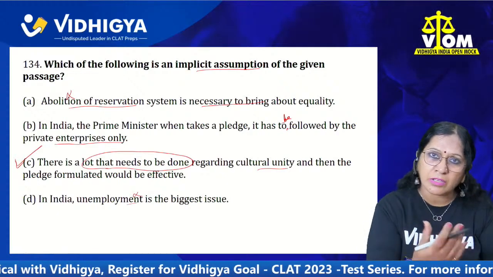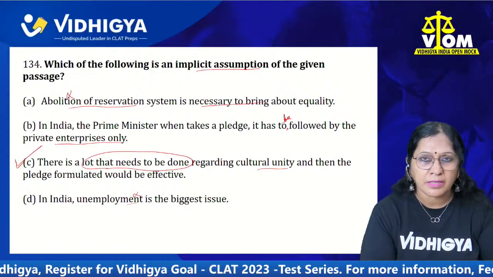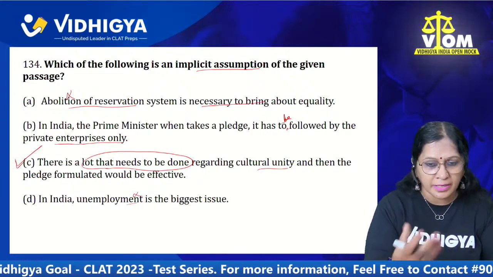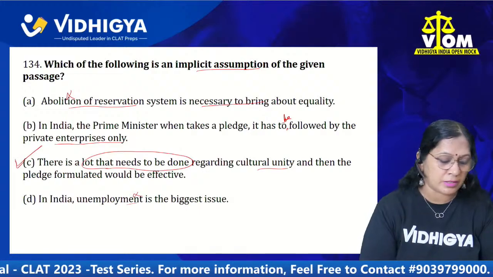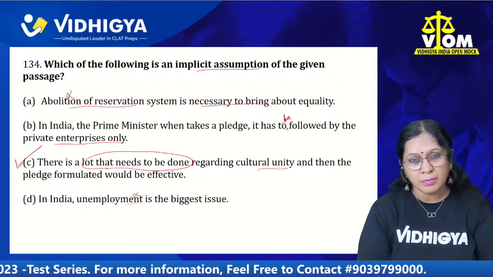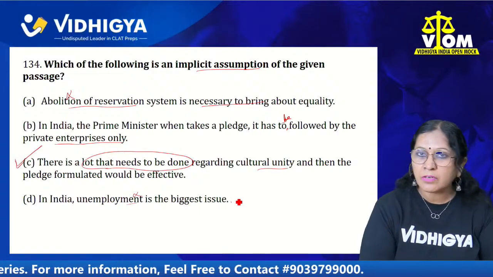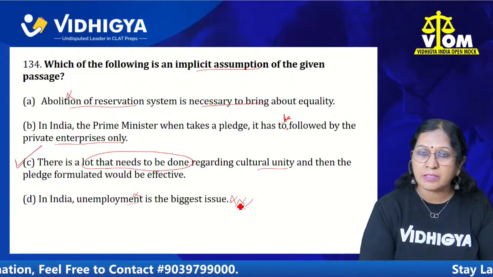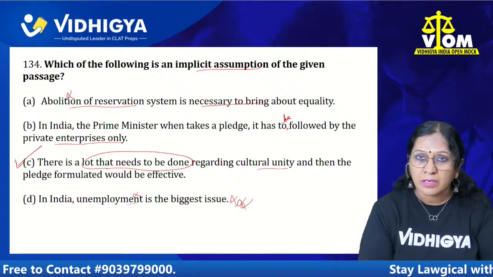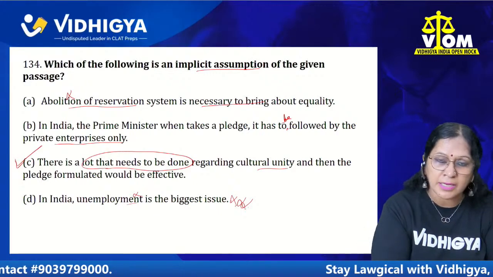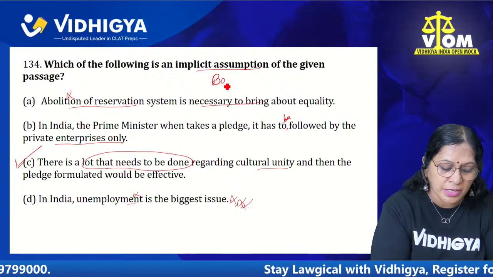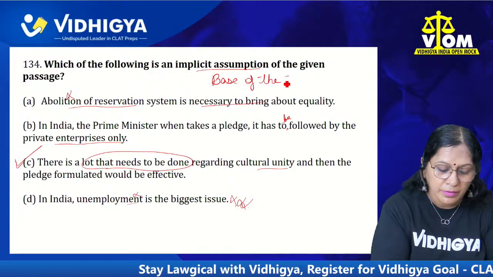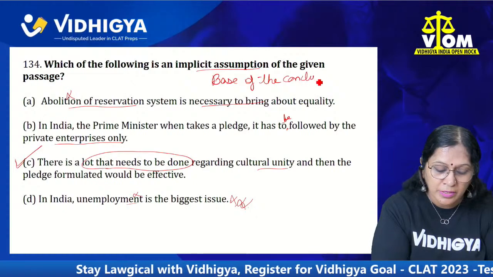The author can still make a statement that what the PM has said, that you need to be united and then work towards the progress of the country. ये तभी भी बोल सकते हैं. So, positive or negative, this sentence was not making any difference and hence will not be the base of the argument. If you remember, I had said assumption means the base of the statement or the argument or conclusion. That means it should make a difference, no?